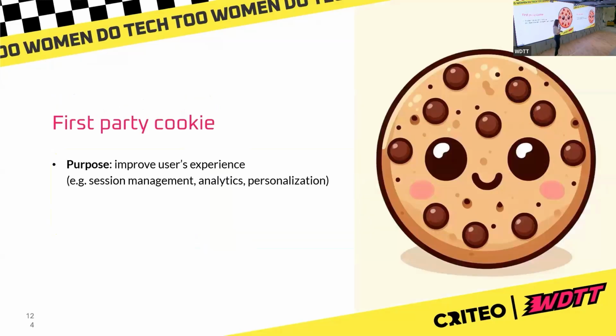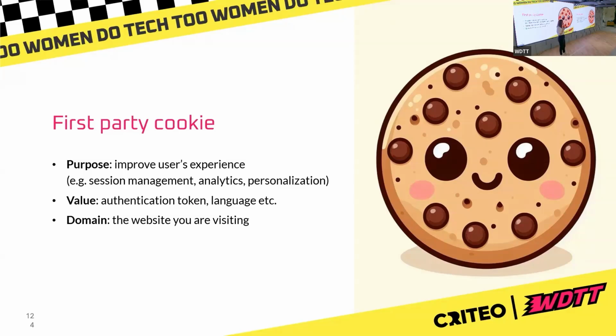So first-party cookies, what is their purpose? The purpose is to improve the user experience. So it's the first 3 purposes that I showed: session management, analytics, personalization. And the value can be anything, literally, so an authentication token, I don't know, language.